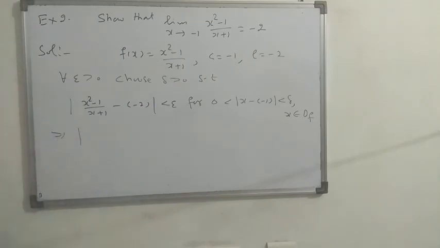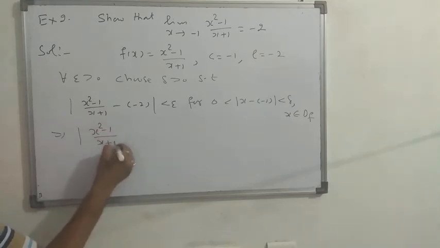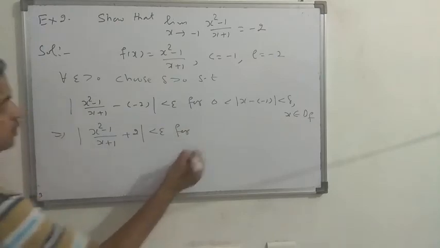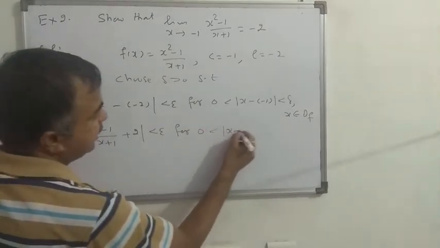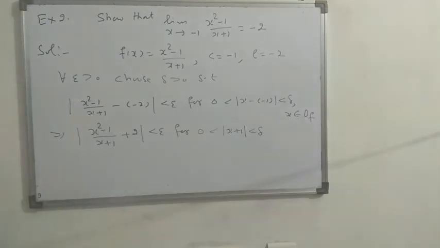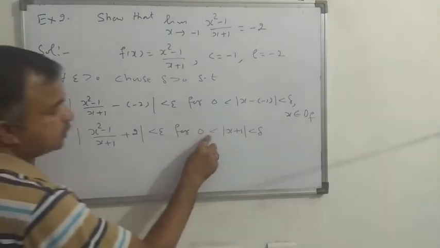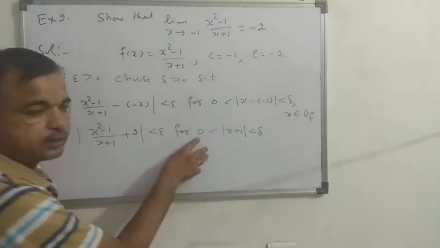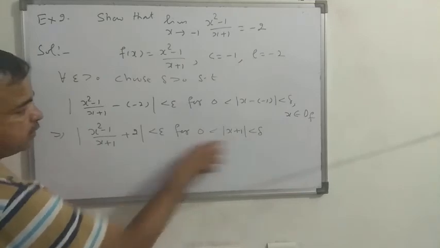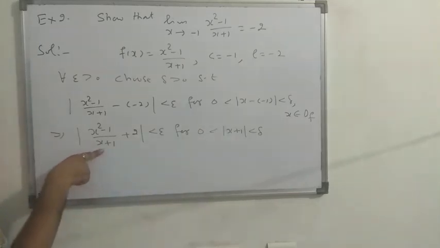Now look at this. This is modulus of (x square minus 1) upon (x plus 1) plus 2 less than epsilon for 0 less than modulus of x plus 1 less than delta. Now here this modulus is strictly greater than 0, which means x is not equal to minus 1. So it means this denominator is not going to be 0, so we can factorize the numerator.